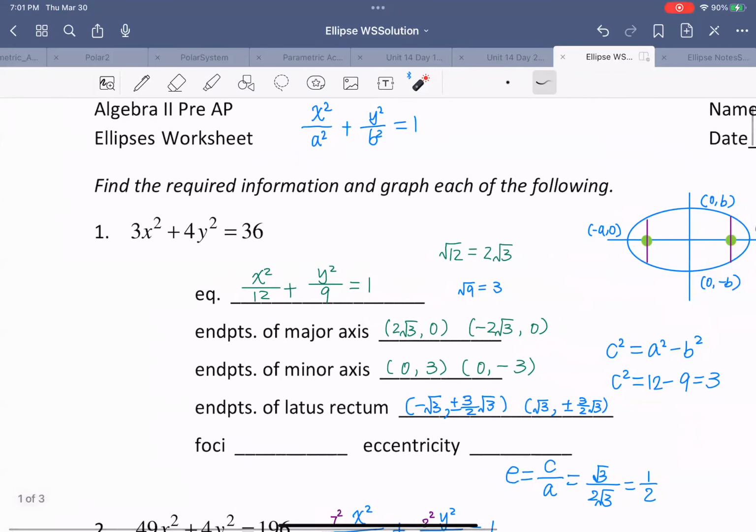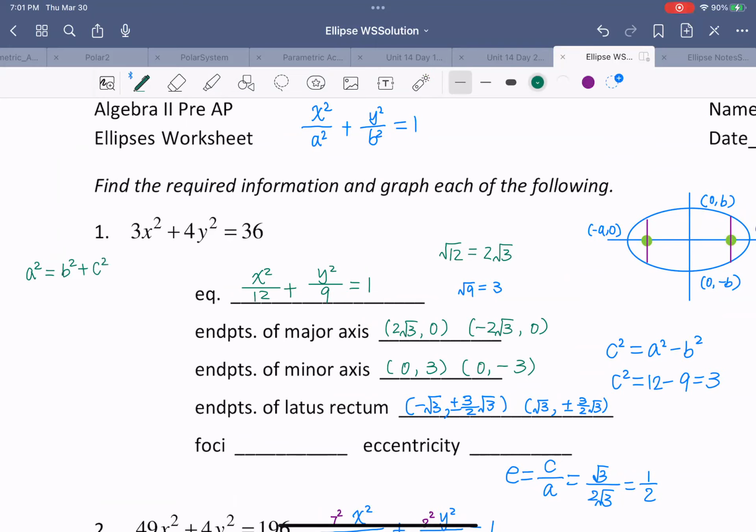Do you remember the relationship between a squared, b squared, and c squared? A squared equals? A is the longest one, okay? This is b, this is c, that is a. A squared equals b squared plus c squared.